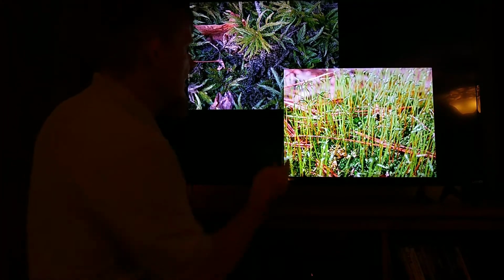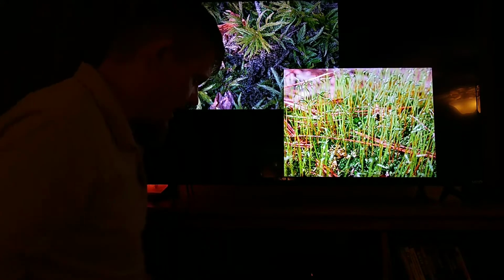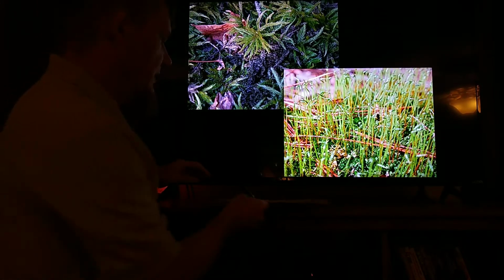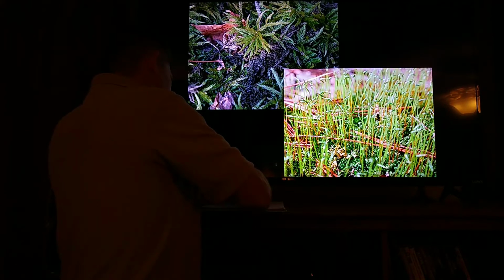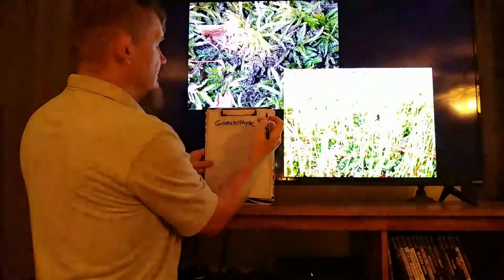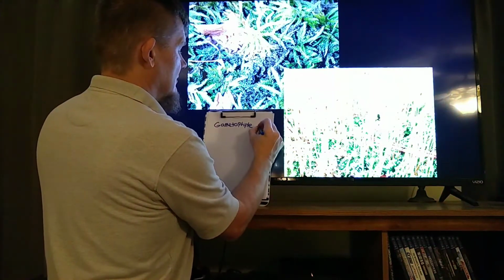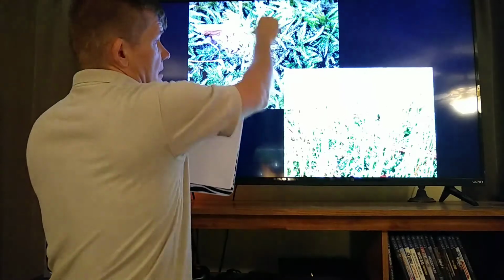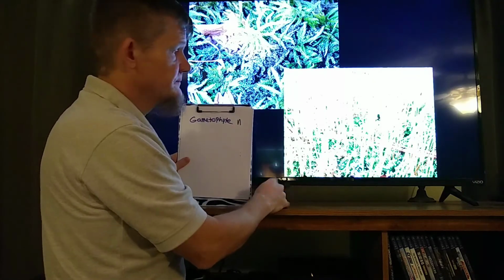So what we see here is the 1N. It's the so-called Gametophyte generation. The Gametophyte generation is what you think of when you're thinking of mosses.